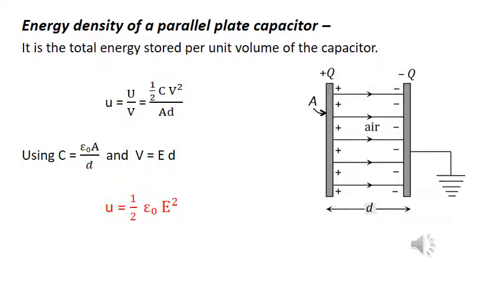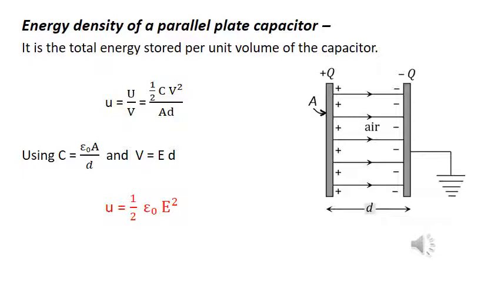Therefore, we can write energy density is equal to energy stored per unit volume, that is U by V. By putting the values of U and V, here V is the volume of the capacitor, not potential, and from the figure we can say that the volume will be area of the plate into separation between the two plates.